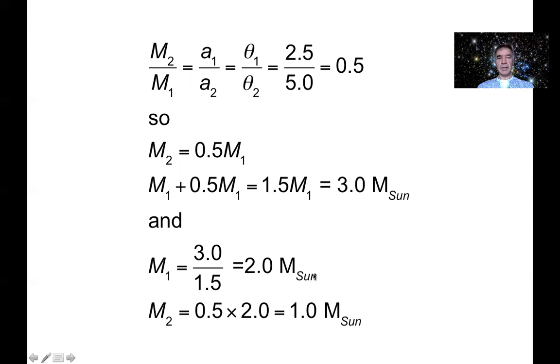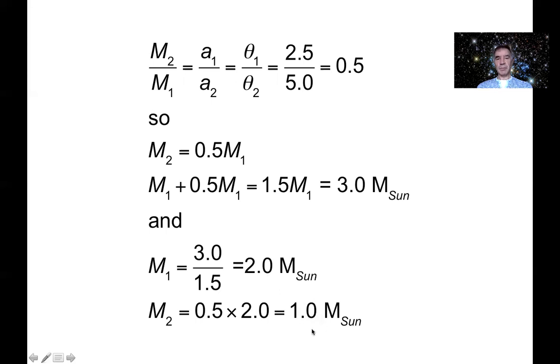So this is telling us that Sirius A, which is star 1 here, is a 2 solar mass star. And remember, Sirius A is the very bright, bluish, sort of white star anyway. That's actually a 2 solar mass main sequence A-type star.